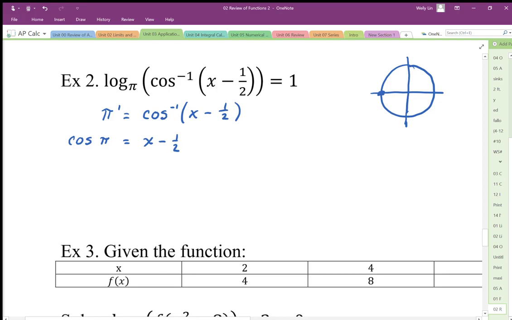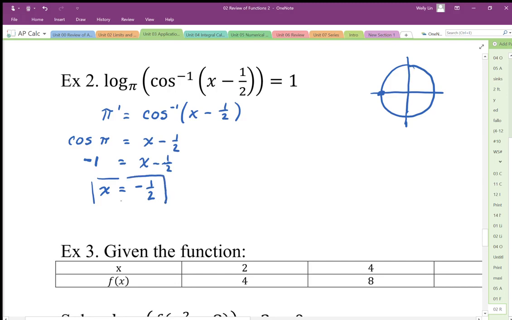Okay, so then that's equal to -1, and our picture kind of gave us the same idea. So cosine pi is equal to x minus 1/2, and then we can solve for x. X works out to be, add 1/2 to both sides, we get -1/2.